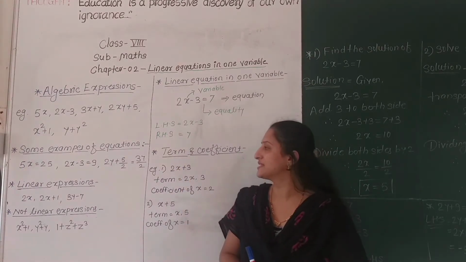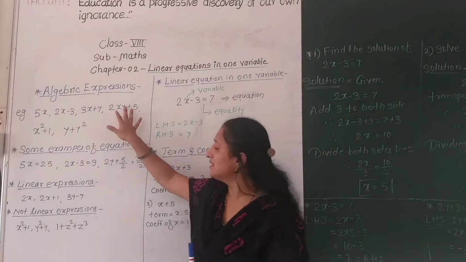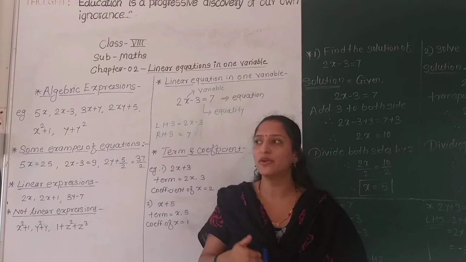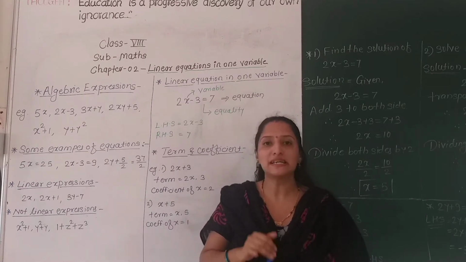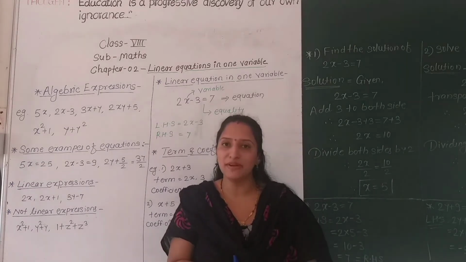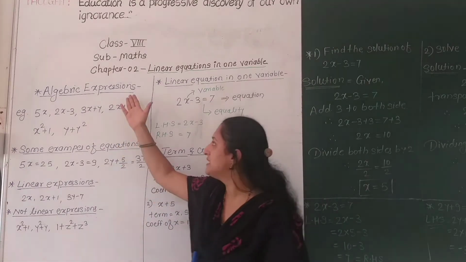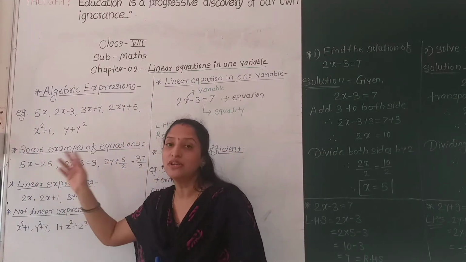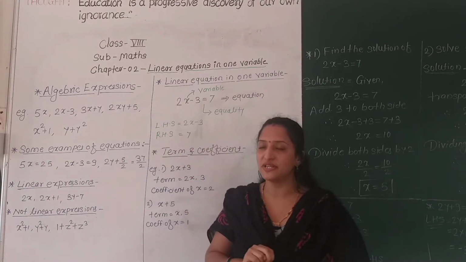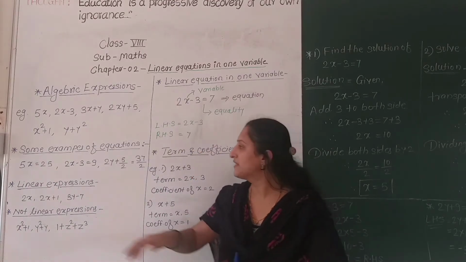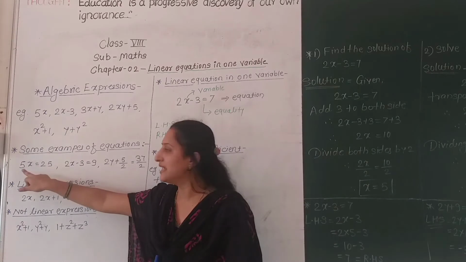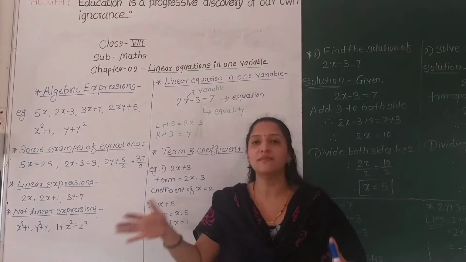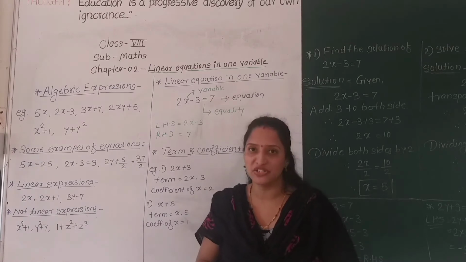Algebraic expressions. Now when two or more algebraic expressions contain an equality sign between them, these algebraic expressions are called equations. When two algebraic expressions contain an equality sign, they become an equation.